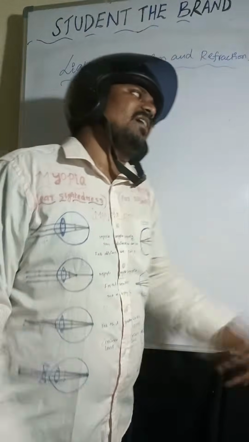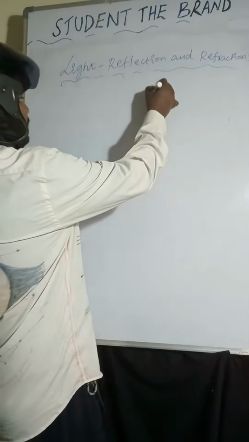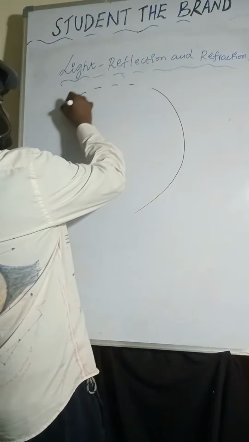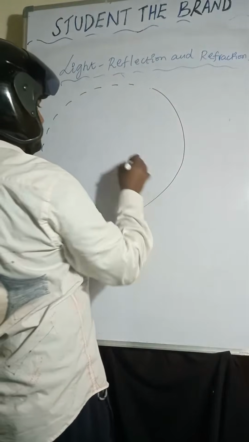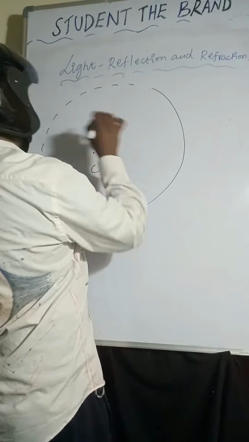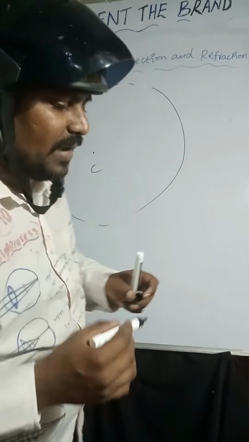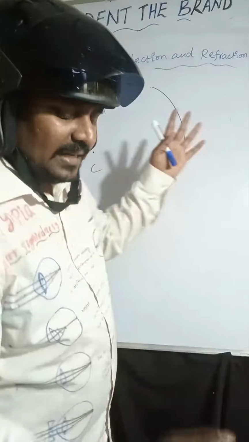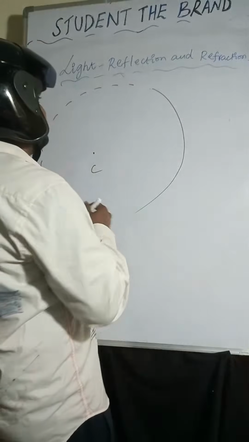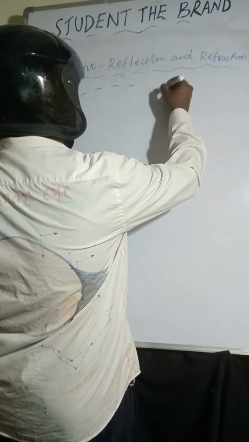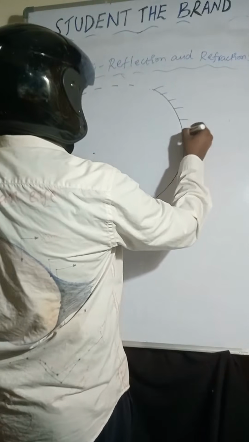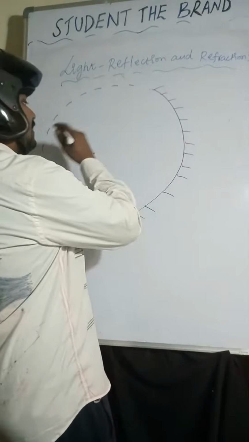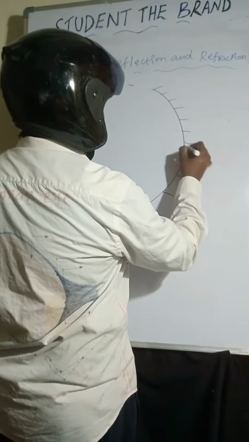I'm taking a spherical mirror here. This is a spherical mirror, and it is a part of a sphere. This is the center of curvature: the center of the imaginary sphere of which the mirror is a part is called the center of curvature.